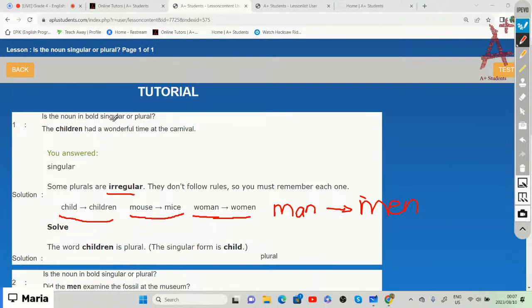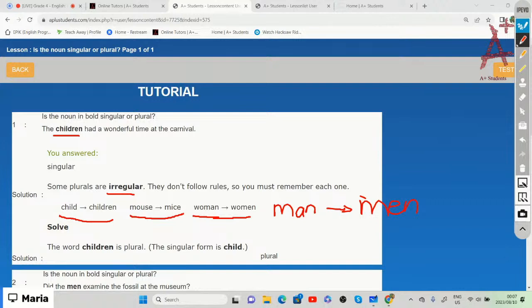So now they say, is the noun in bold singular or plural? The children had a wonderful time at the carnival. So children, right? Children is plural.